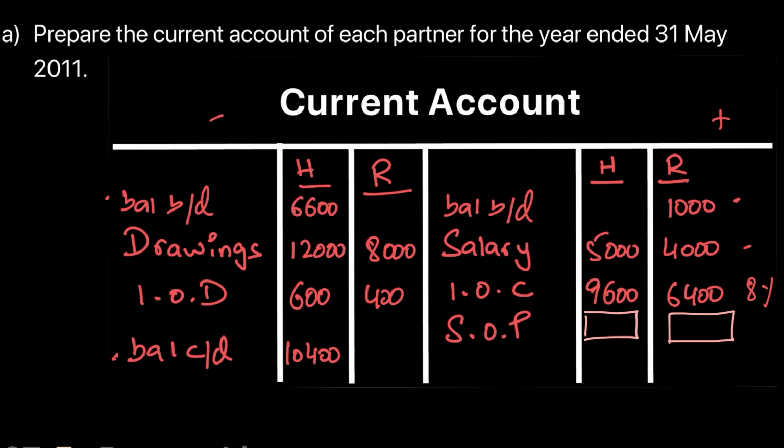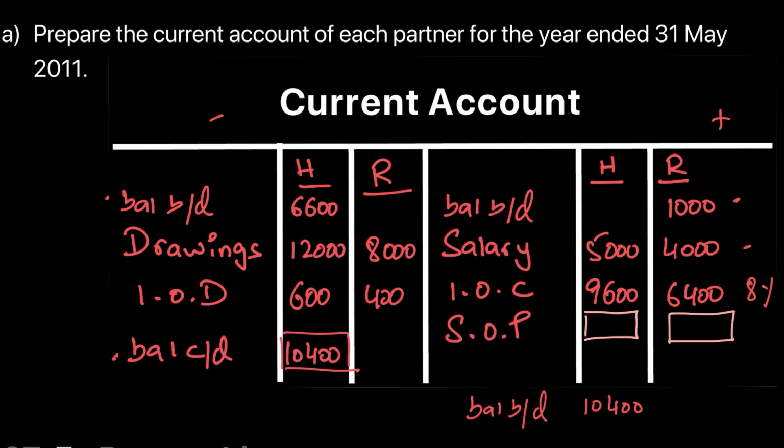Now one thing I would want to state over here. They had written that Henry had a credit current account balance. So if Henry has a credit current account balance, it means his balance brought down would appear somewhere over here. It means his receiving side is greater than the withdrawal side. So his balance carried down, which is 10,400, should come over here. I hope you guys understand this.